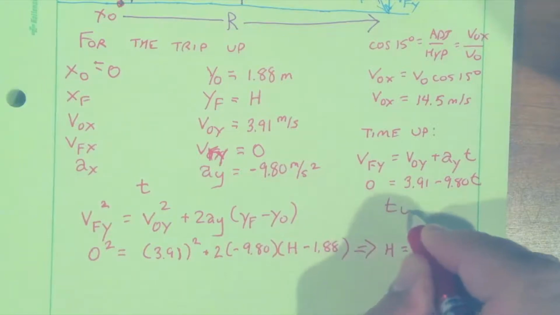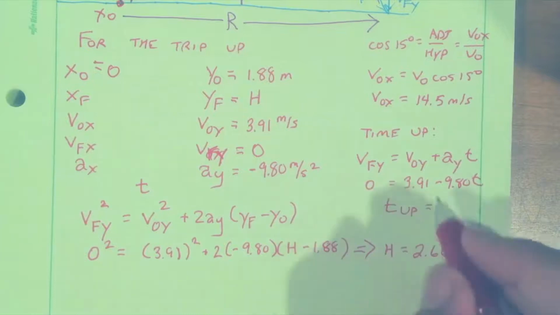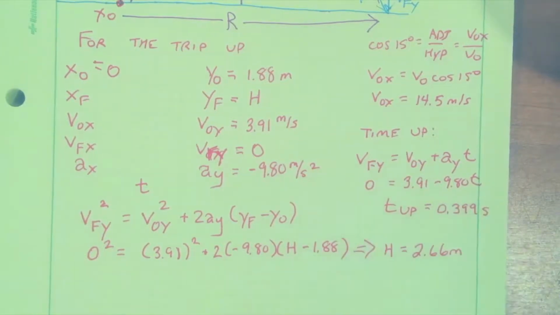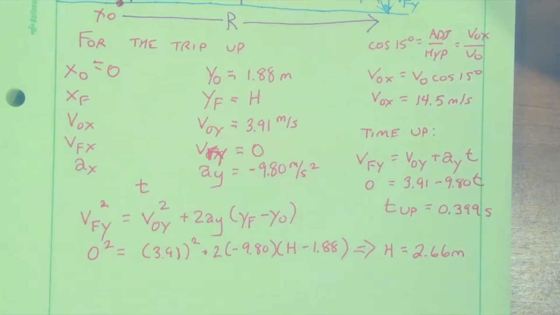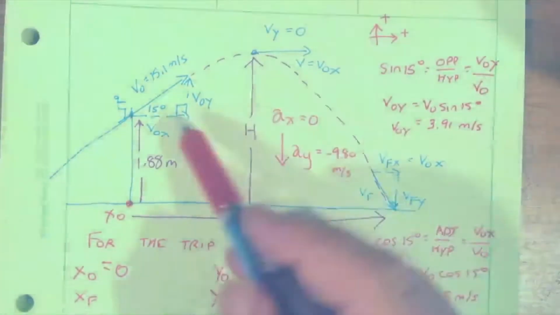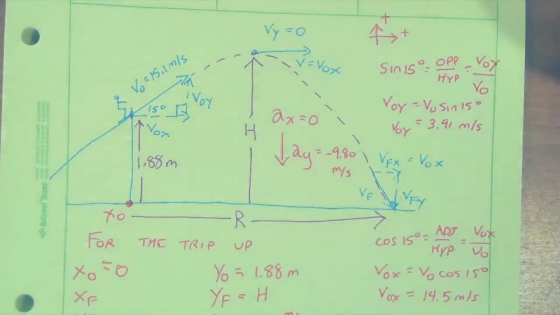And this gives us a time up of 0.399 seconds. So that is the time for her to leave the ramp and reach the maximum height.